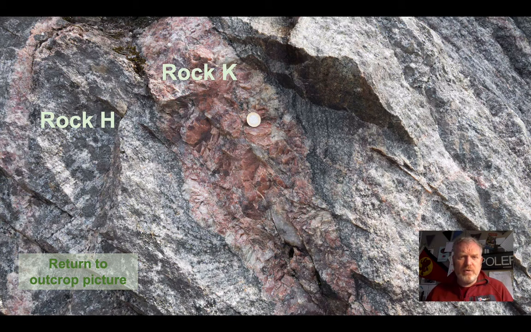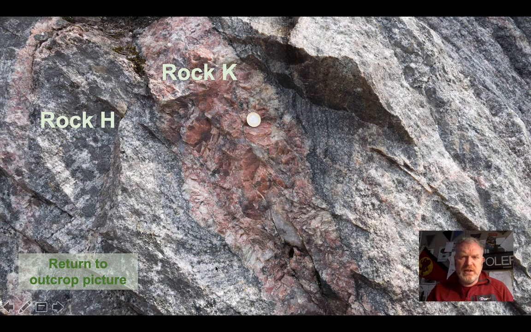Again, we've got a pound coin for scale, so we can see just how big some of these crystals are. And surrounding that, we've got rock H. And there's quite a sharp boundary, see, running down through here, if you follow the cursor, between the two rocks. And another very similar boundary between the rocks running up here.